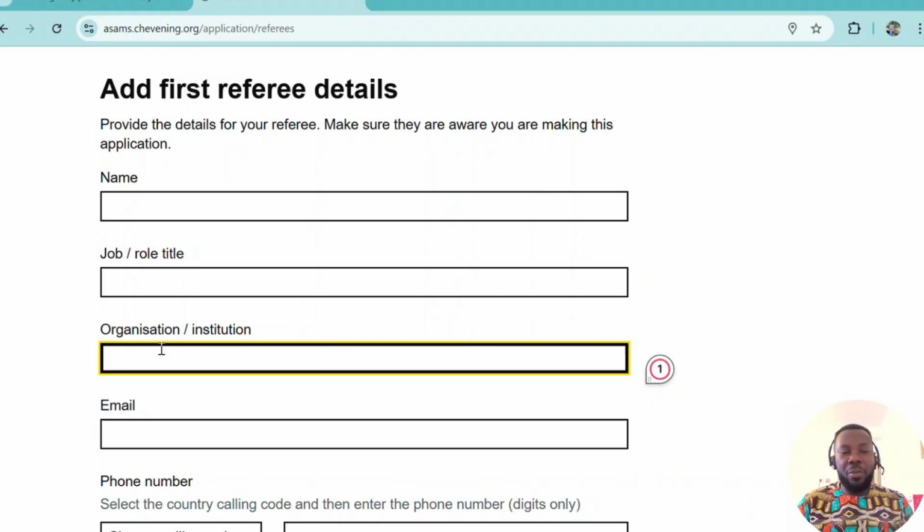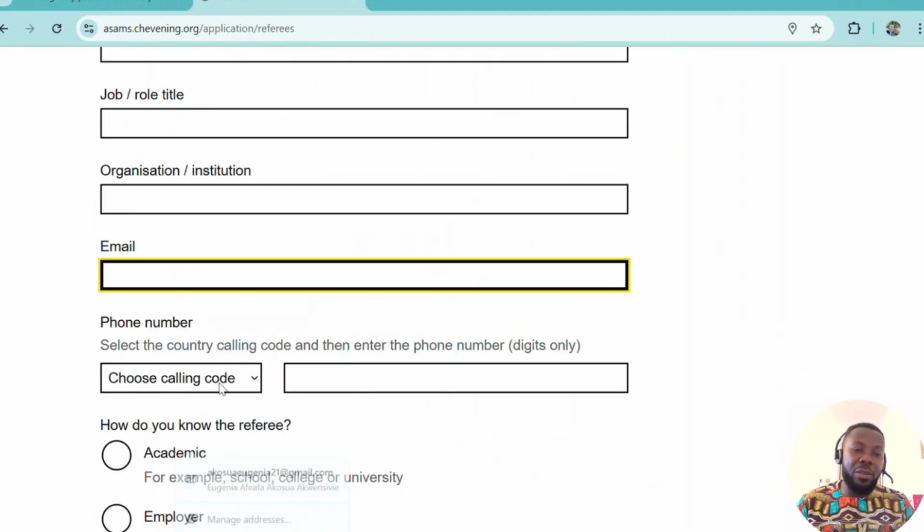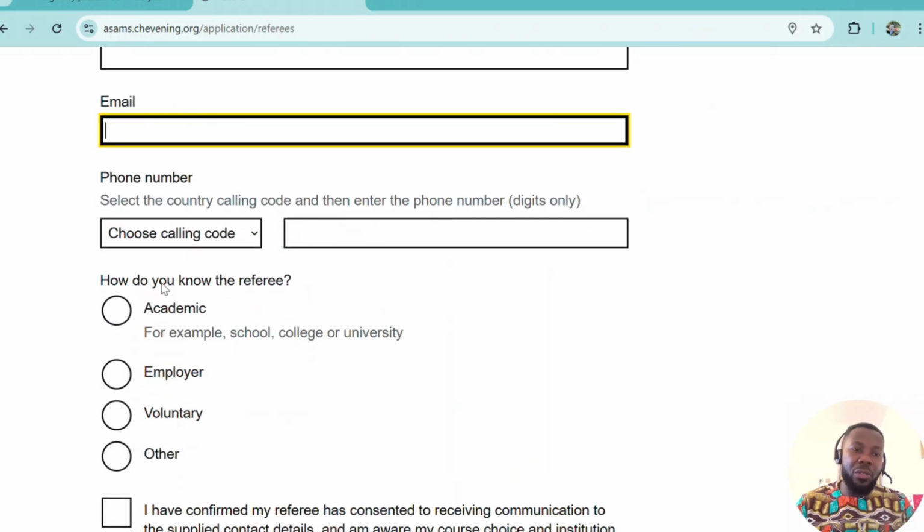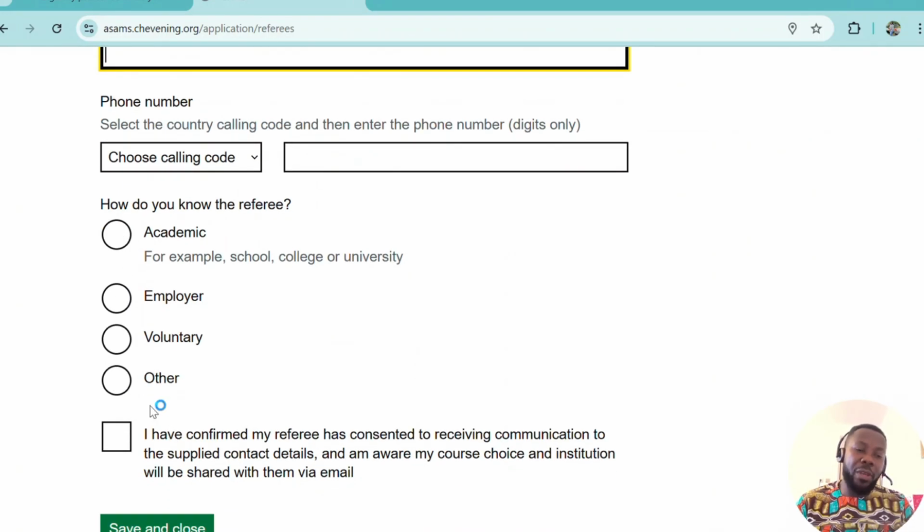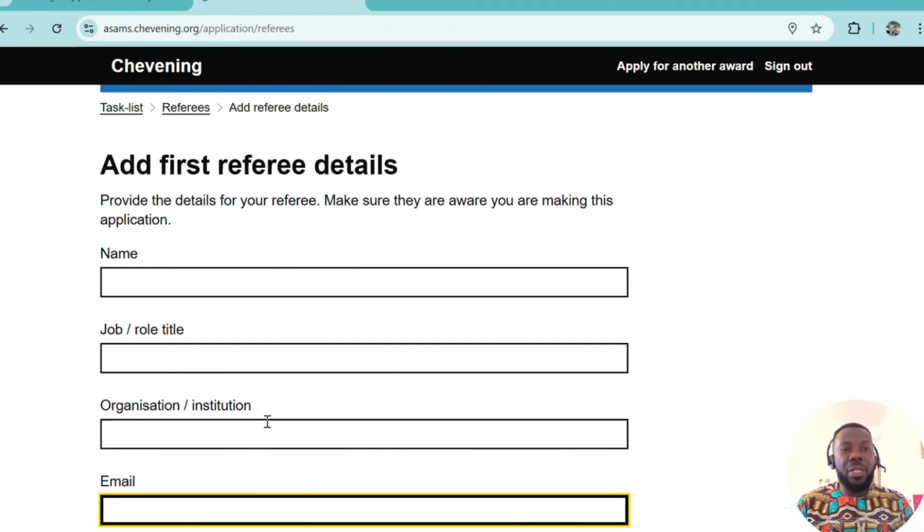If, for example, this person still works with Samsung, maybe Hesperia, they can put the person's name and then the email address, phone number. How do you know this referee? Is it academic, for example school, college, employer, voluntary, or others? You have to take one of them and then complete that part. Then you do the same for the second person.